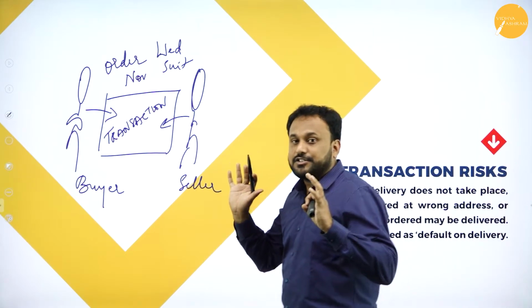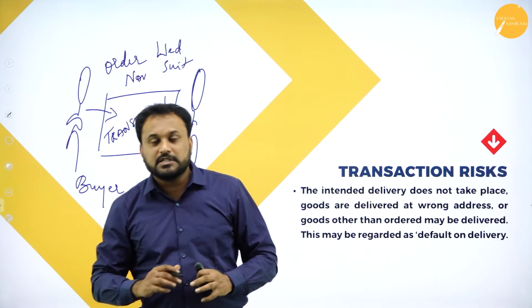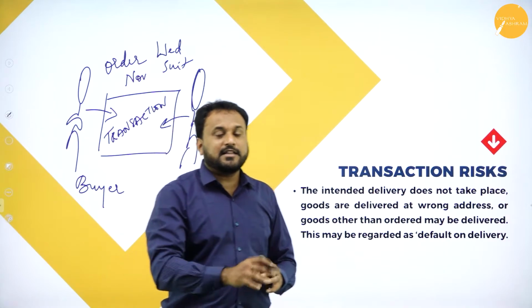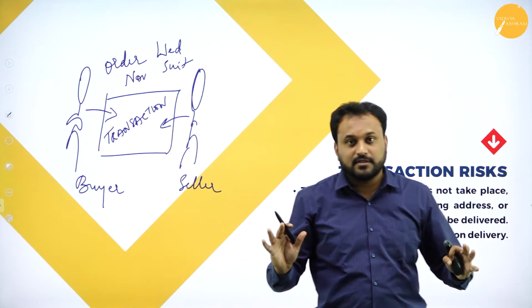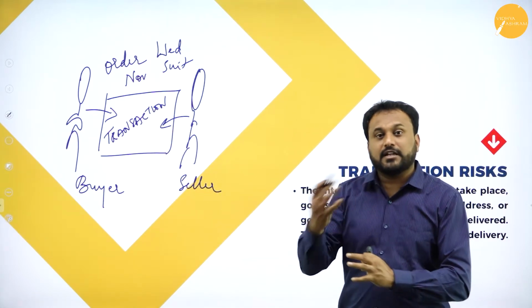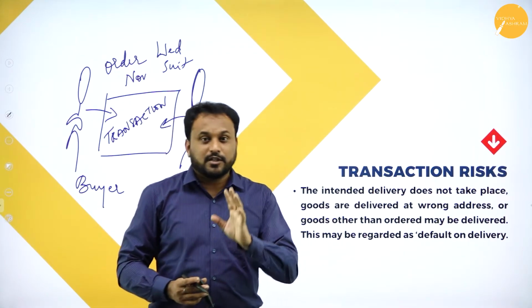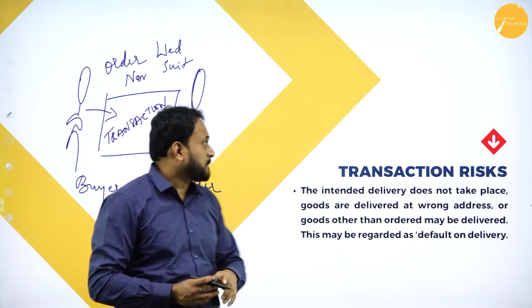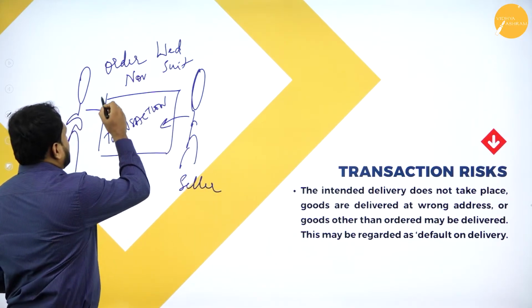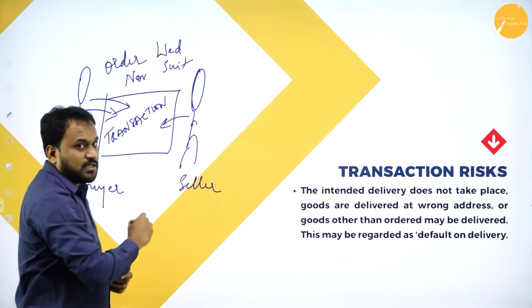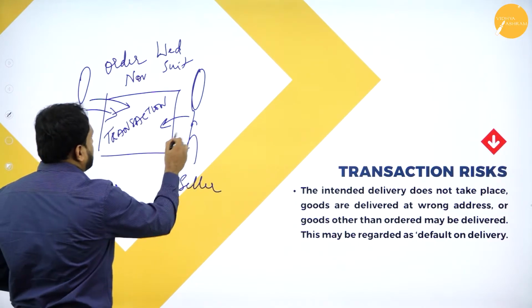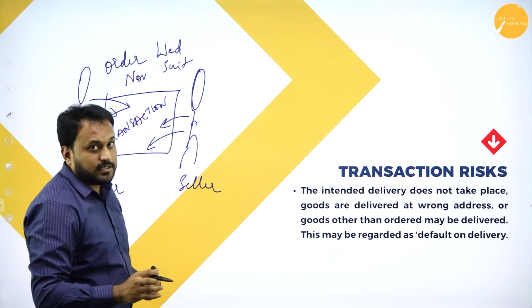Now the seller is fine. But the problem is the buyer didn't get the product itself. The buyer has already paid the amount. Understand the transaction risk here. The buyer has actually given the money and the seller has given the product. Done.